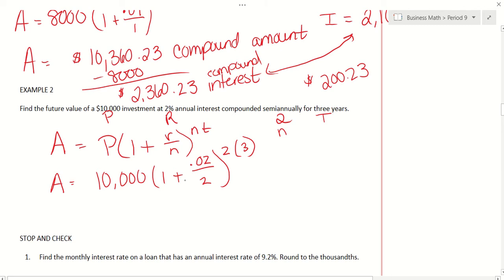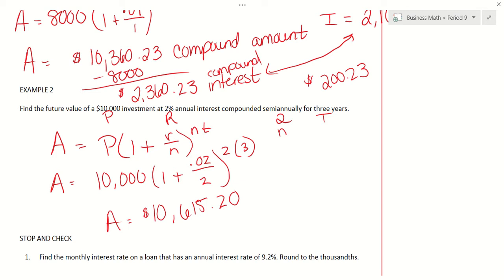Write it just like I have it with the parentheses and use the fraction tool, and you will get this. Your answer is $10,615.20. Okay, go ahead, pause the video, try the stop and check, and then I will go over them for you.